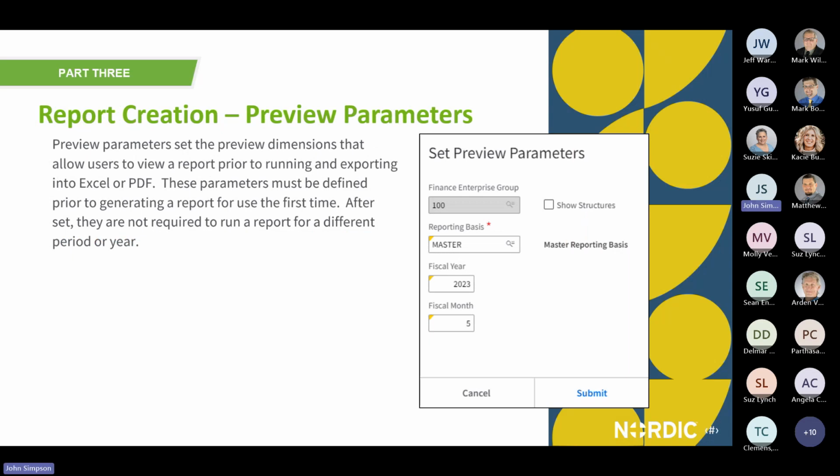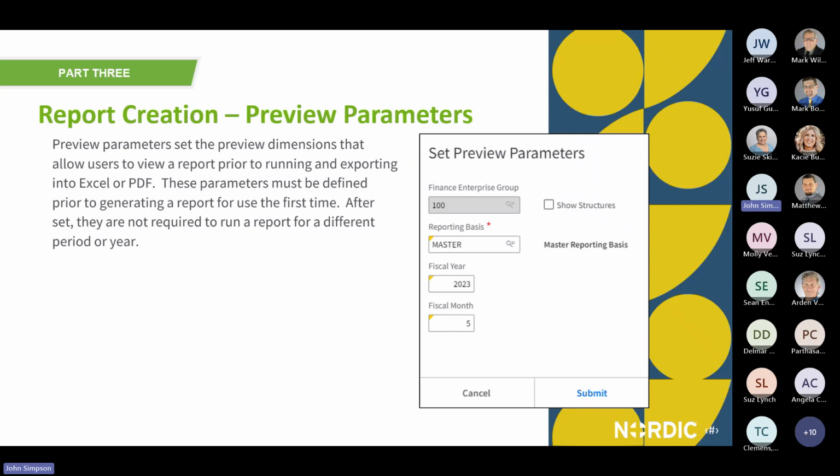One of the things I have to do though, prior to my first generating of my report, is go and set my preview parameters. This allows the report to run that report preview and actually see what I'm looking at first. I like this a lot when I'm building reports in Report Designer because I can just click over to preview.